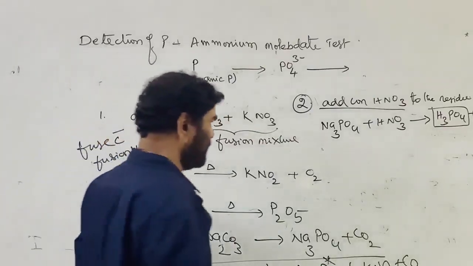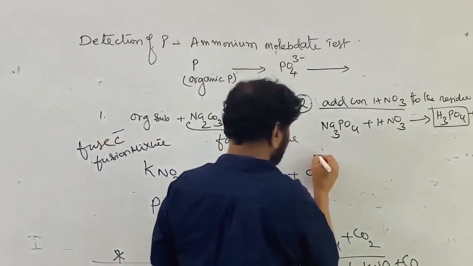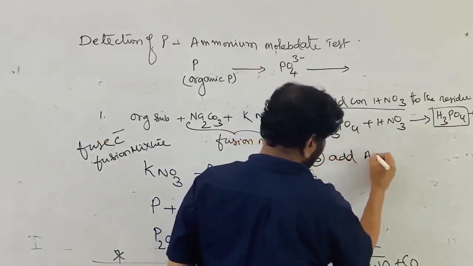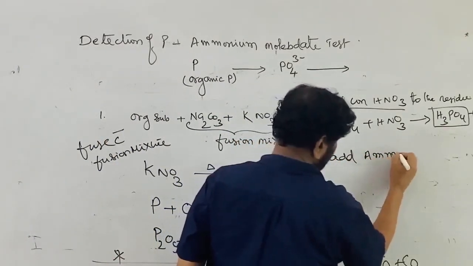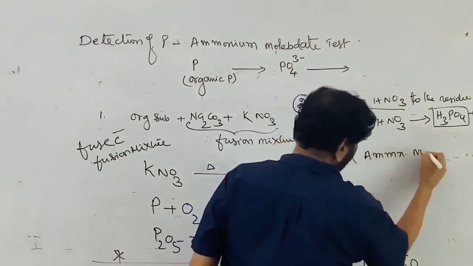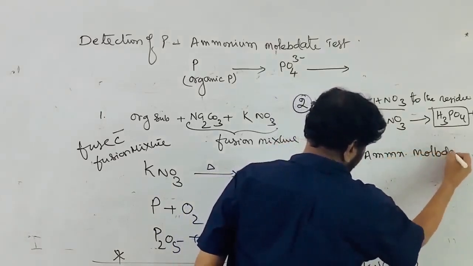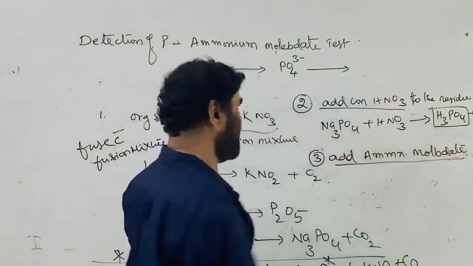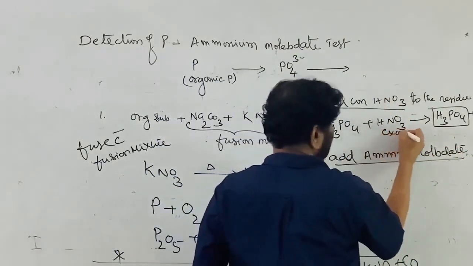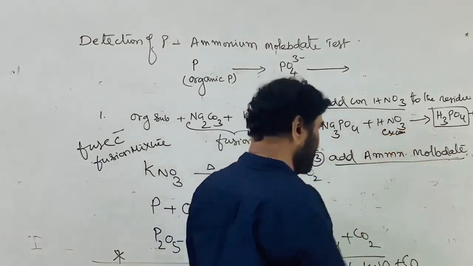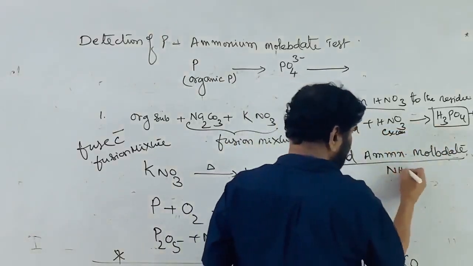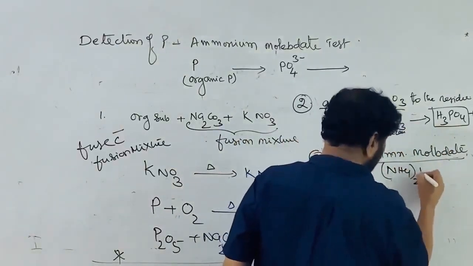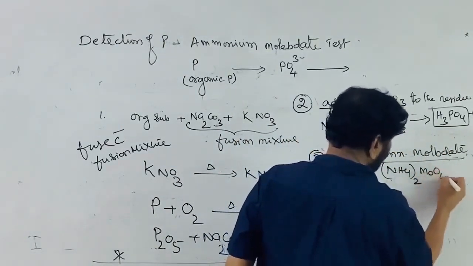Then third, add ammonium molybdate. Excess of HNO3 is added, then ammonium molybdate is added. Ammonium molybdate is nothing but the salt of molybdenum, ammonium MoO4.